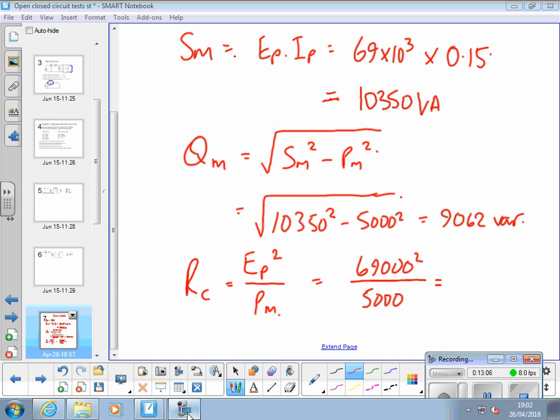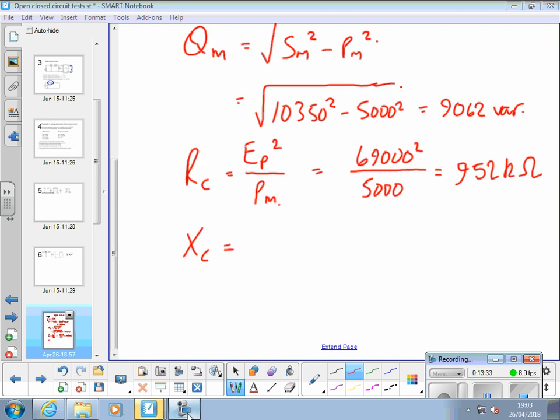Well, it's 7 o'clock. Yeah, might be on time. I got 952 kiloohms. Do we agree with that? Yeah. So that resistor representing that 5 kilowatts is 952,000 ohms.